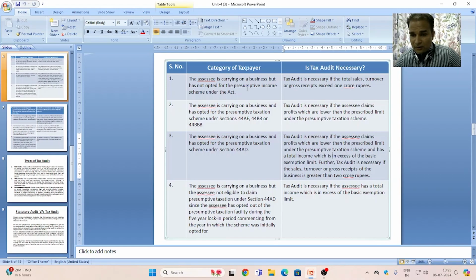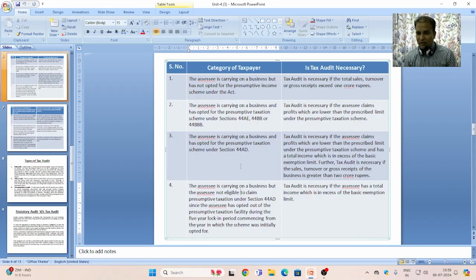So, in these three categories, we categorize the taxpayer of a business with relation to the presumptive taxation scheme.